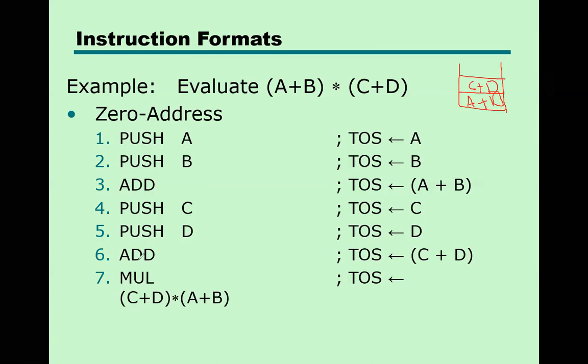Now we have to perform a multiplication operation, C plus D into A plus B. How can we perform it? We pop both the values and perform multiplication. After multiplication, we push the result on top of the stack.